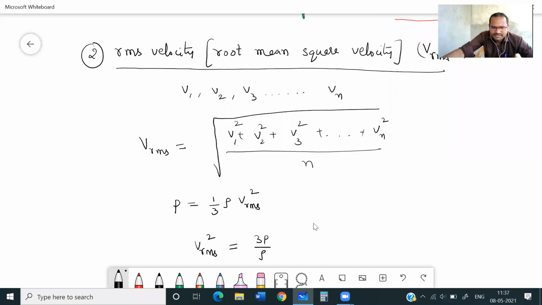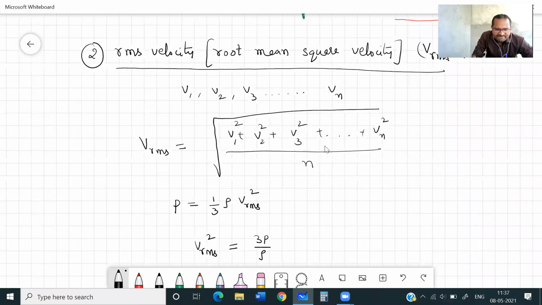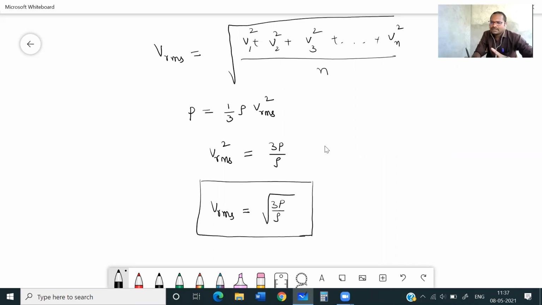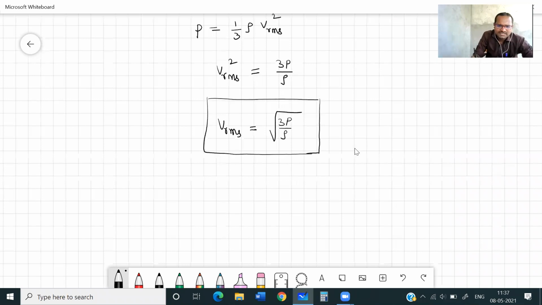That means VRMS is equal to root of 3P by rho. We can write it like this.